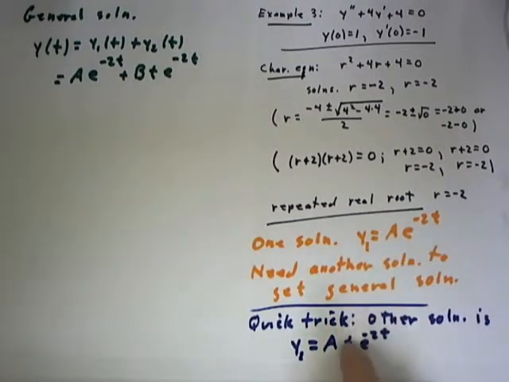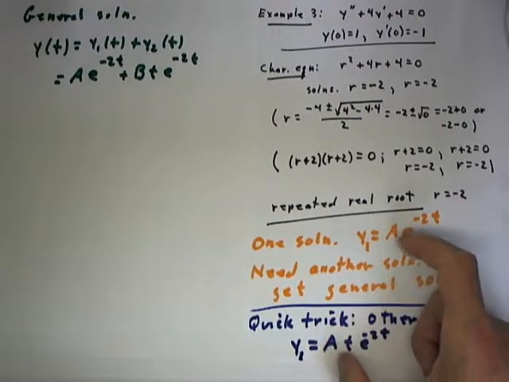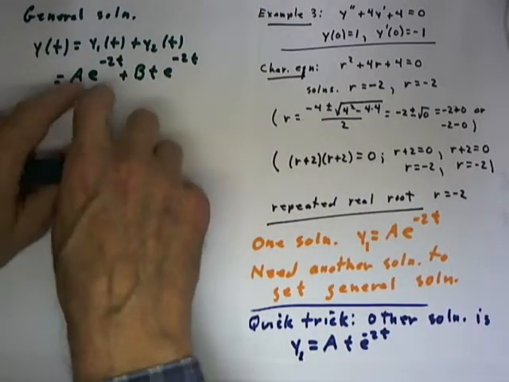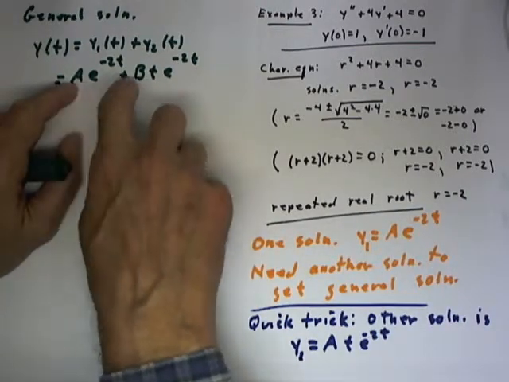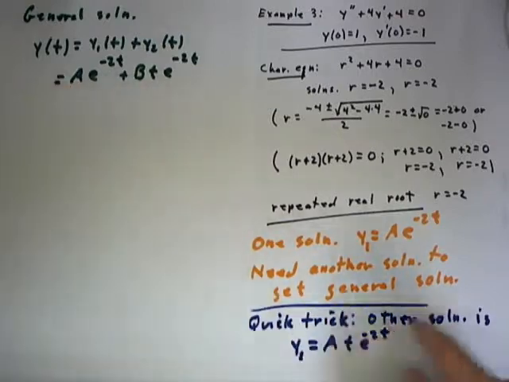A is arbitrary here, b is arbitrary here. We don't have to choose the same constant for both solutions, so we'll call one of them a and the other b.